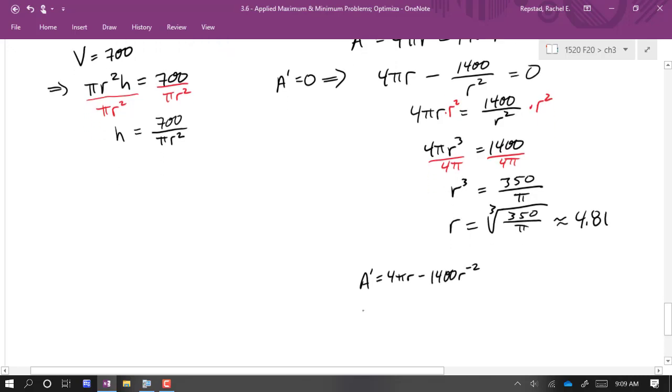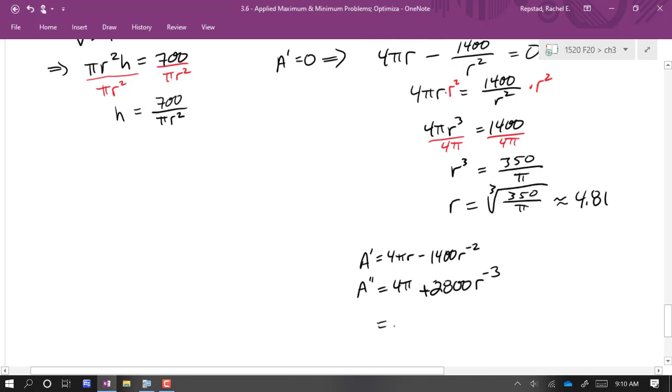So that means that A double prime is 4 pi, that'll be a plus 2800 r to the minus 3. Or 4 pi plus 2800 over r cubed.